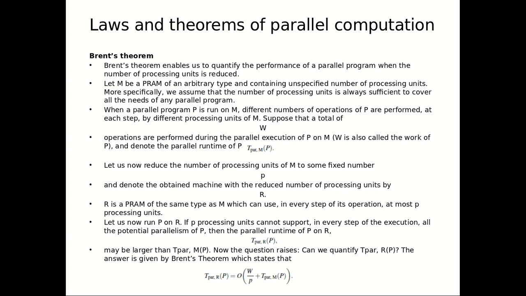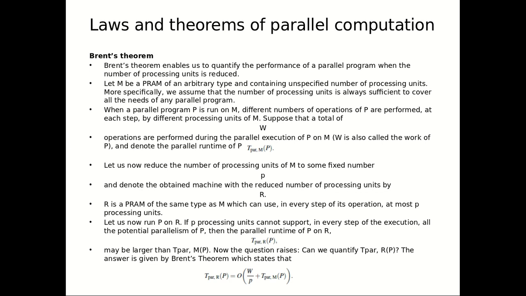So let's suppose we have a PRAM, let its name be M, of an arbitrary type and containing an unspecified number of processing units. So as of now we have an unspecified number of processing units. More specifically, we assume that the number of processing units is always sufficient to cover all the needs of any parallel program.